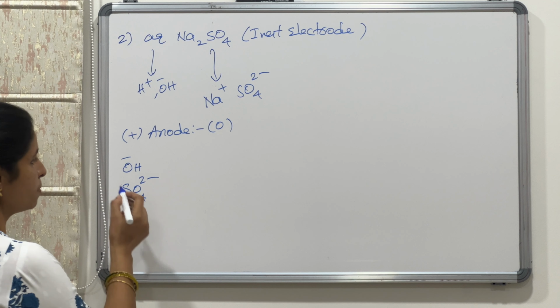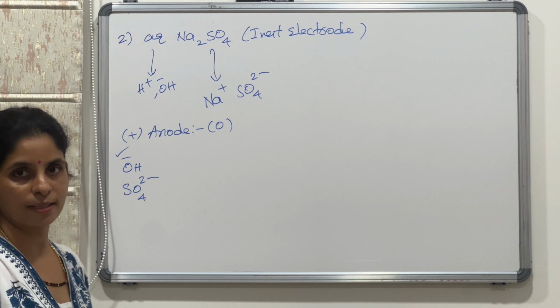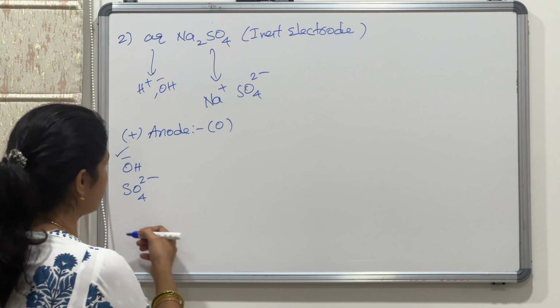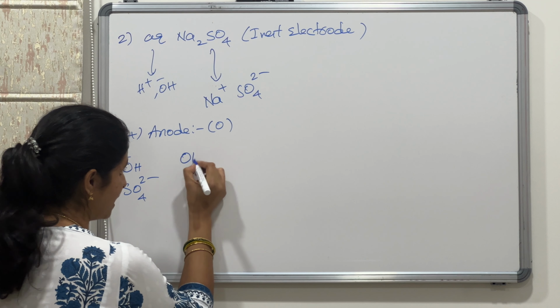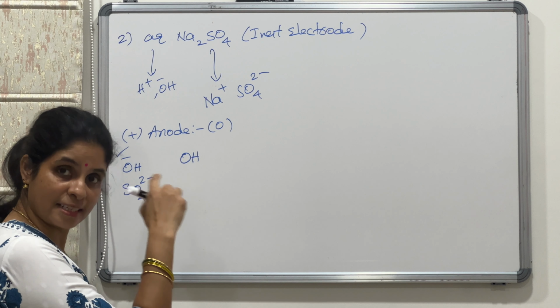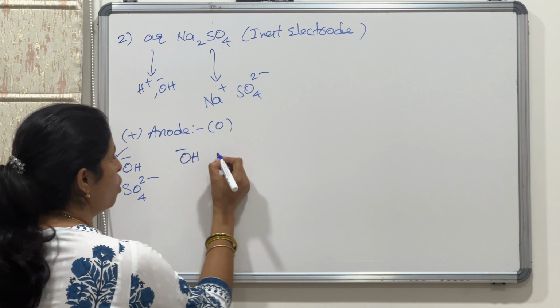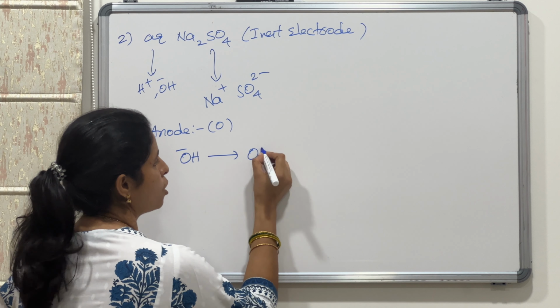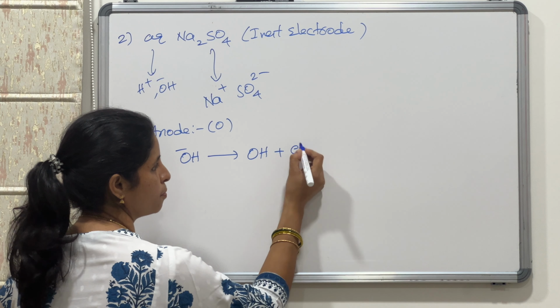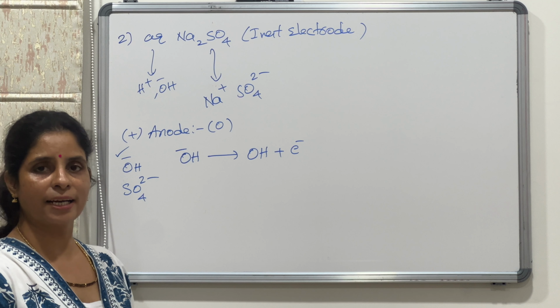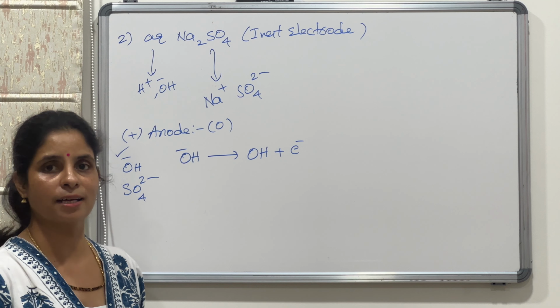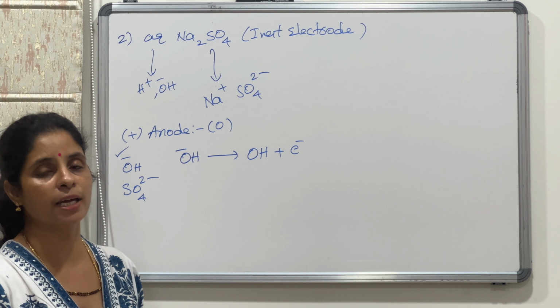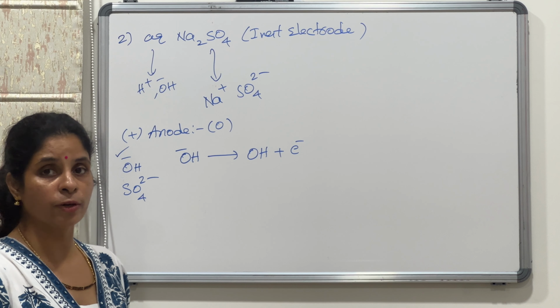So the oxidation potential of this one is higher than this one. So here similar reaction as we discussed in the previous example. OH minus, loss of electron, OH plus electron. If you write continuously, means practice continuously, these reactions will be very easy and they will be noted to you.